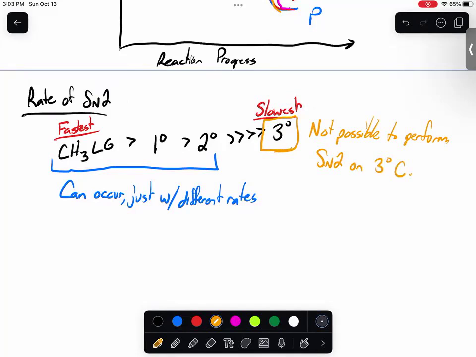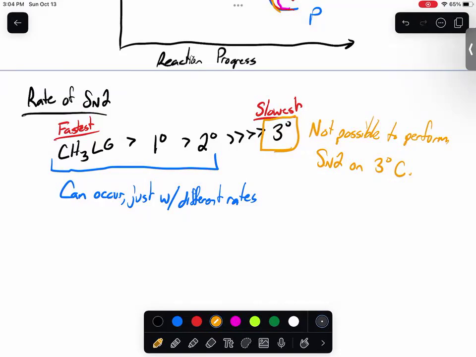It is just so slow that it's not even possible for the reaction to occur. Okay? So that is another thing about SN2 you need to keep in mind. The substitution of the carbon that you're looking at that has the leaving group attached, depending on how substituted it is, it's going to change the rate. And you can't even do it on tertiary carbons.